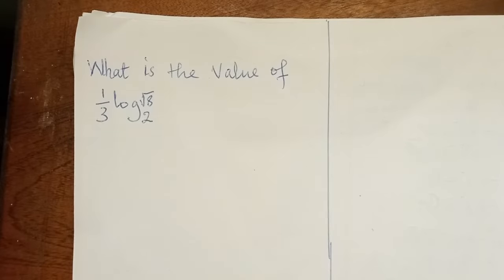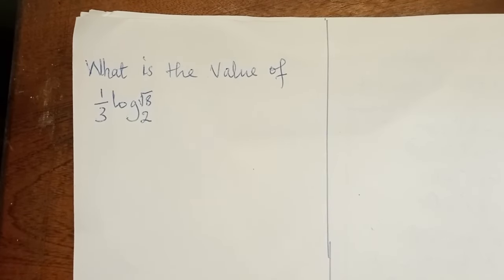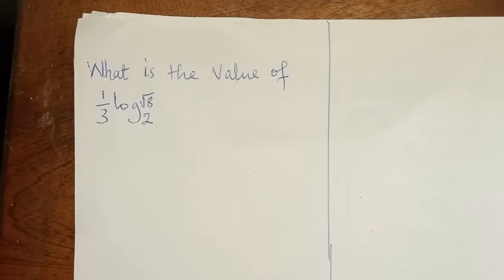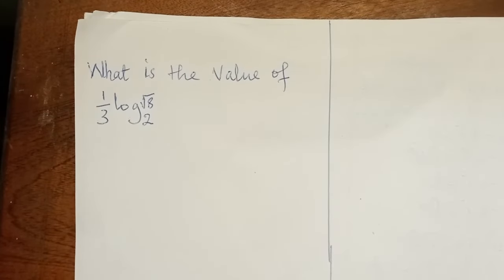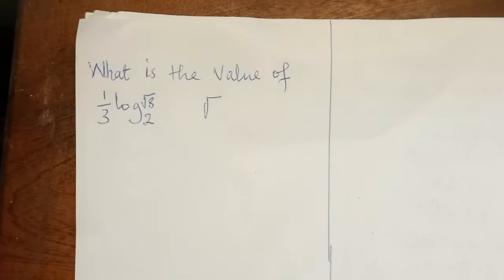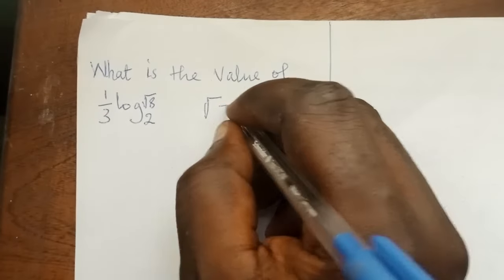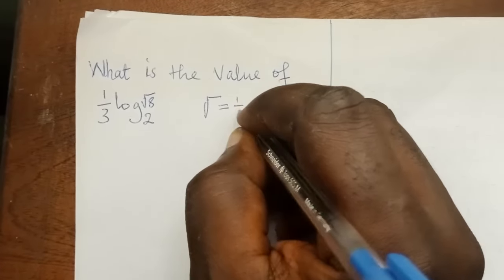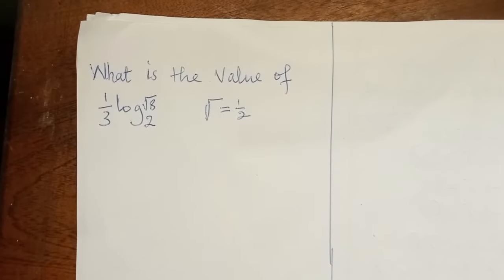First, this expression, 1/3 log to the base of 2, and of course root 8, they are asking us to find its value. First, I would like us to recall something. You need to know that this sign simply means it is the same as this. I believe we know that.